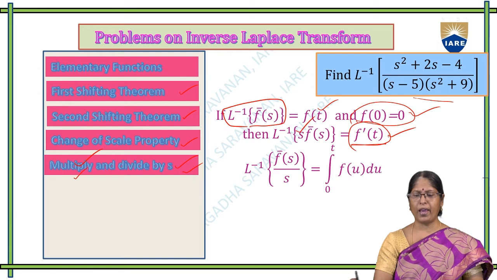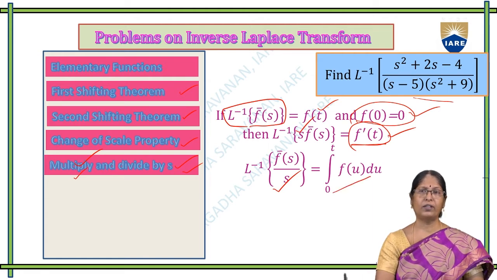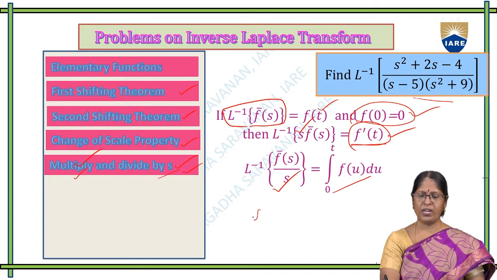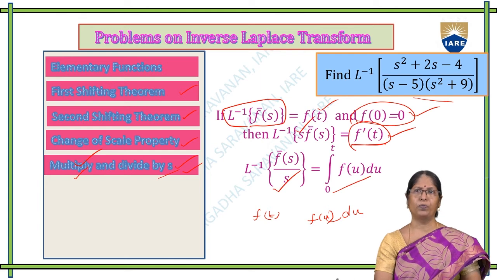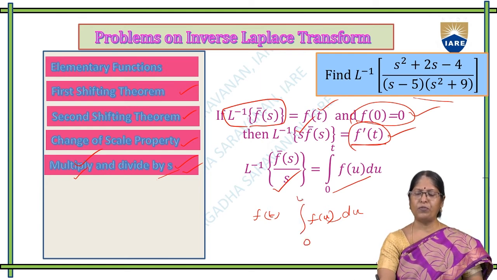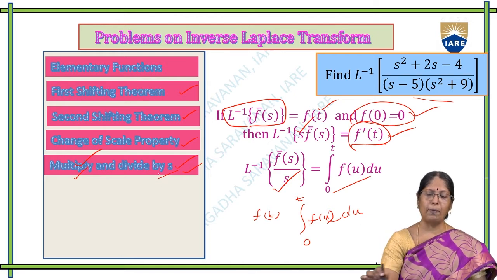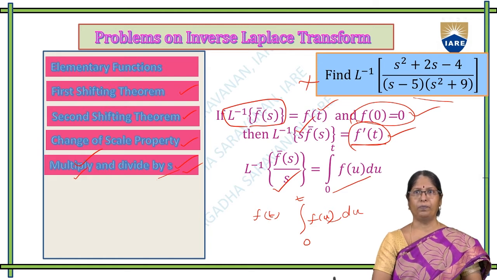If it is divided by s, we will obtain f of t, but according to the divide by s result, f of t is changed into f of u, and we will do the integration with respect to u, with the integral ranging from 0 to t. So both multiply and divide by s are not possible for this given problem.